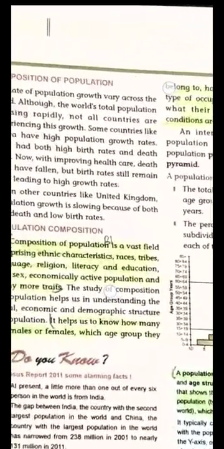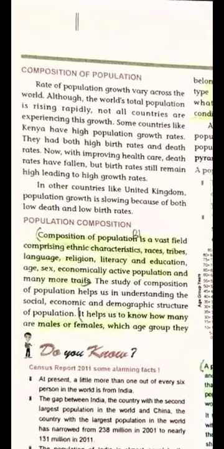Okay, next we come to the composition of population. Children, please focus here. Now the rate of population growth varies across the world. Although the world's total population is rising rapidly, not all countries are experiencing this growth.